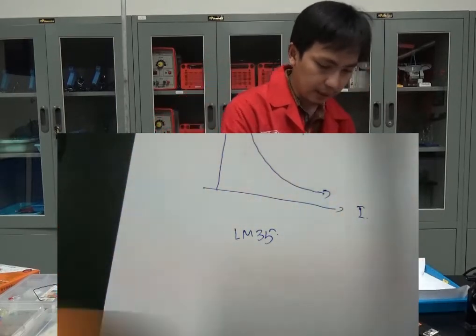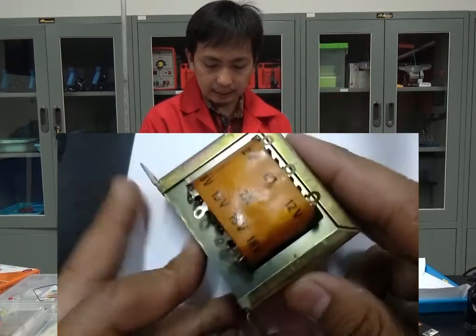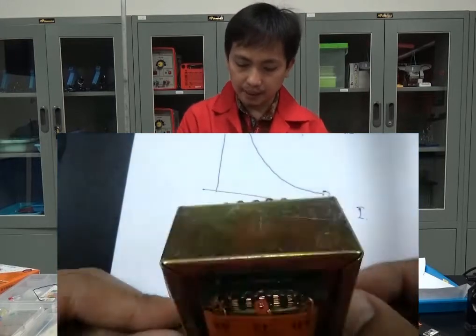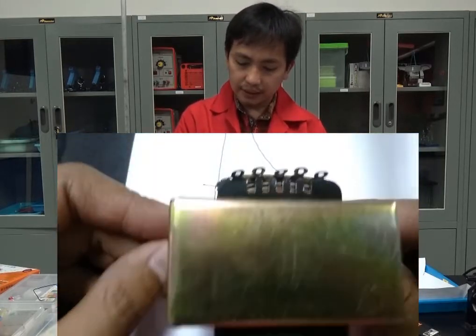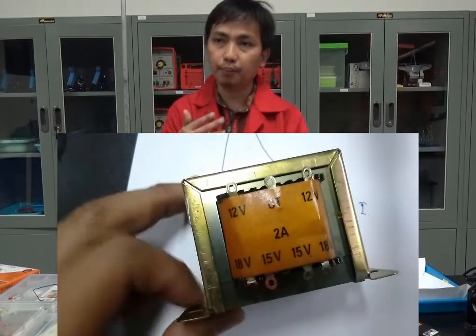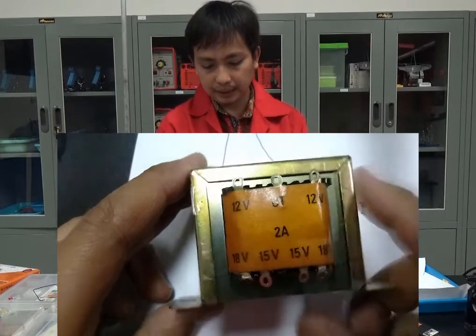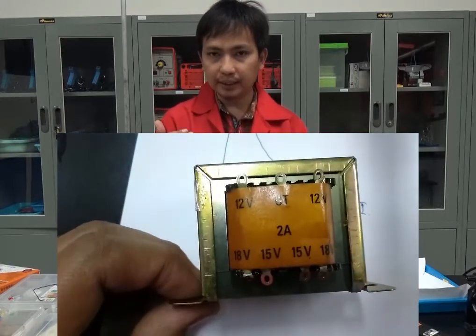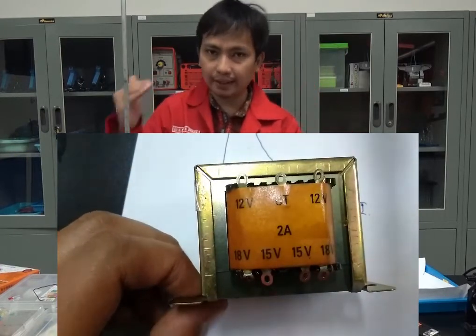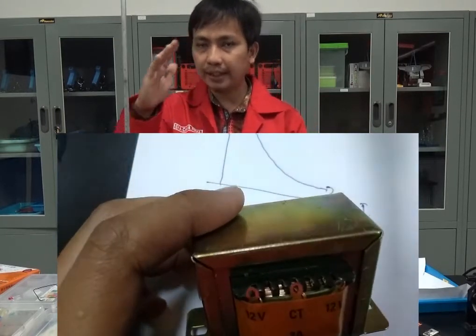Okay, and also here is a transformer. What is the function of a transformer? A transformer transforms the potential difference. It could be step up or step down. Step up means it elevates the potential difference from lower to higher, but step down is from higher to lower.